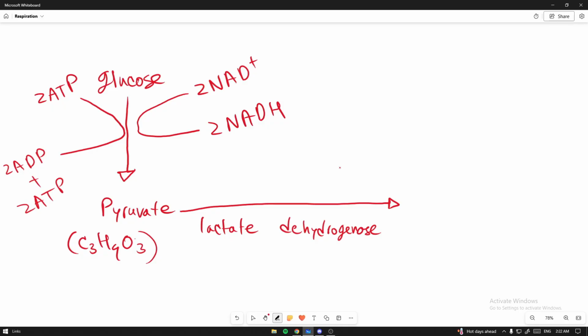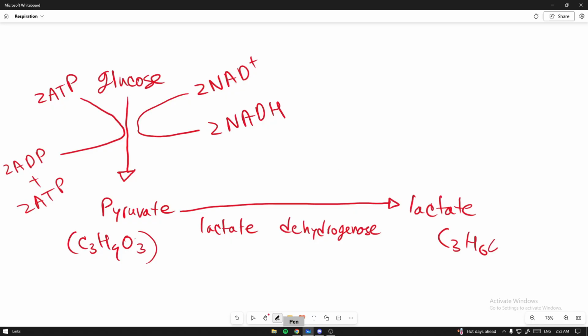Let me just draw it out. This is lactate, C3H6O3. We had 4 hydrogens here, but now we got 6.